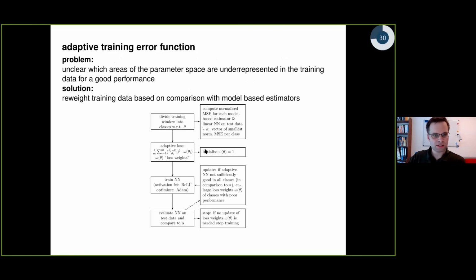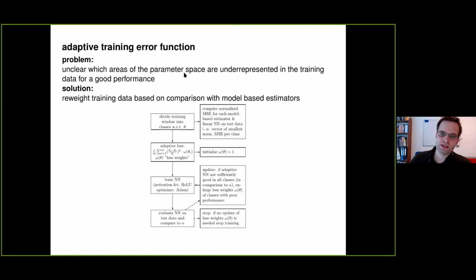However, what we noticed at some point was that for some thetas, the performance was rather poor in comparison to the optimal. And we identified that this basically depends on the amount of data we assign to which part of the parameter space in the training data.